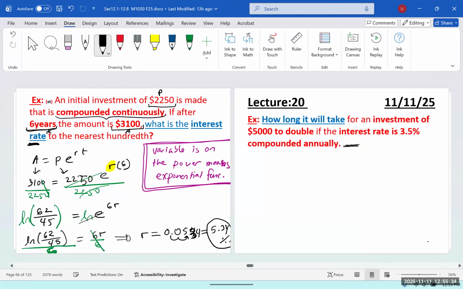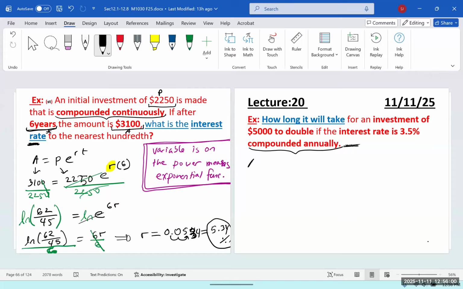So our very first question for today. How long will it take for an investment of $5,000 to double if the interest rate is 3.5% and you compound annually? You're compounding annually. Which formula?